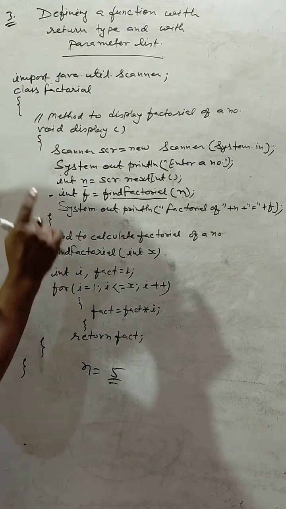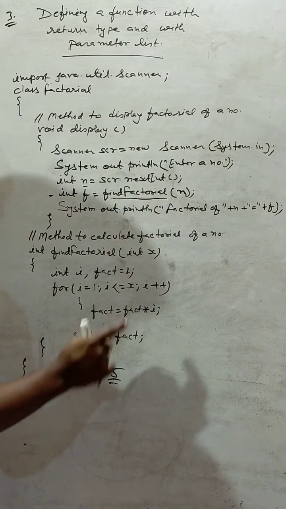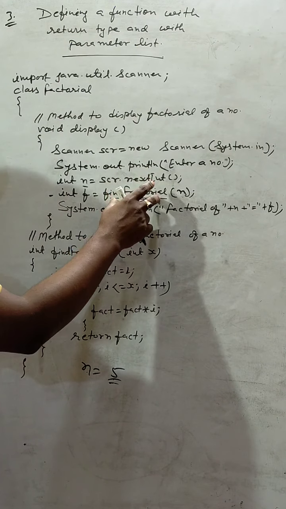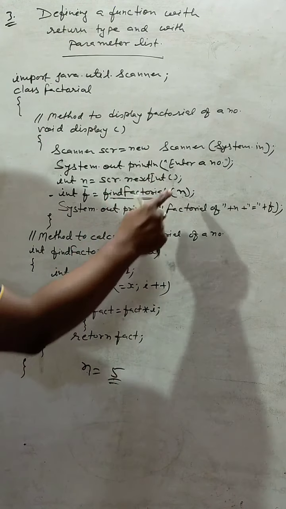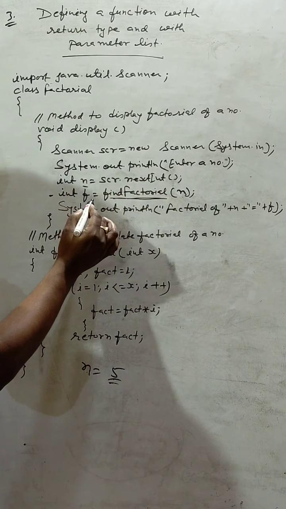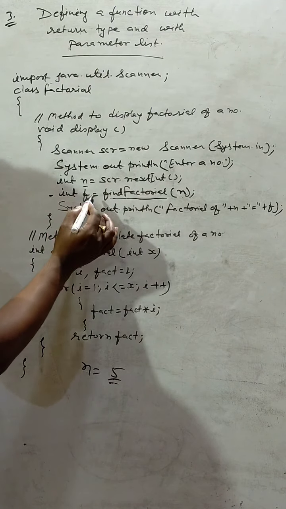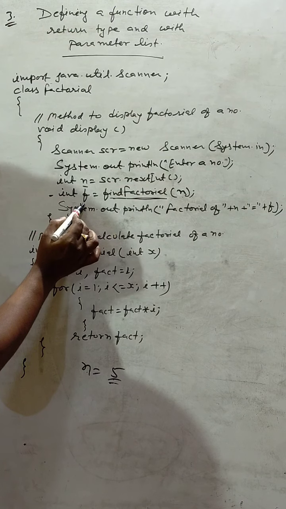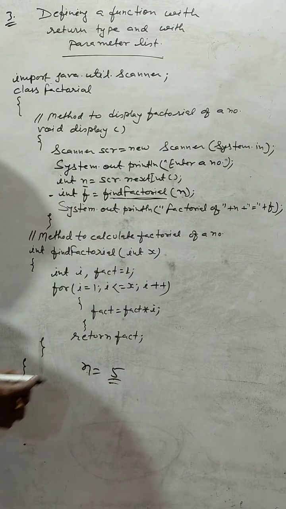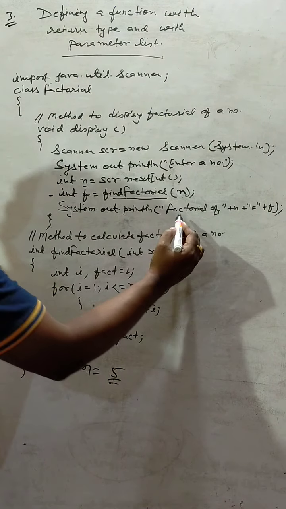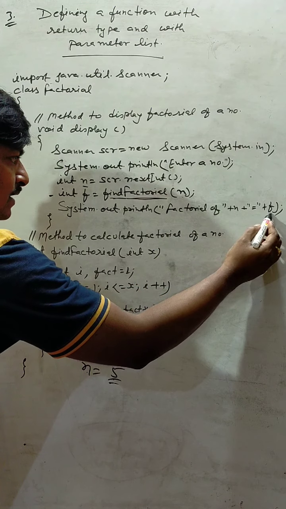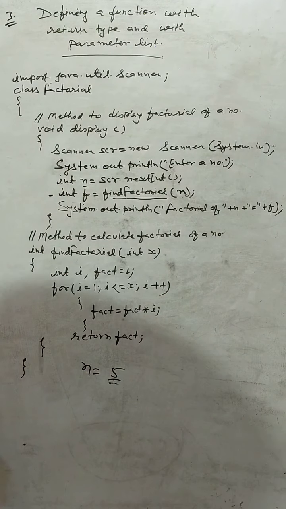This function will calculate the factorial of 5 and return it back to f, and this variable f will store the factorial of 5 and we will print factorial of n equal to f. Therefore, we will display the factorial of 5.